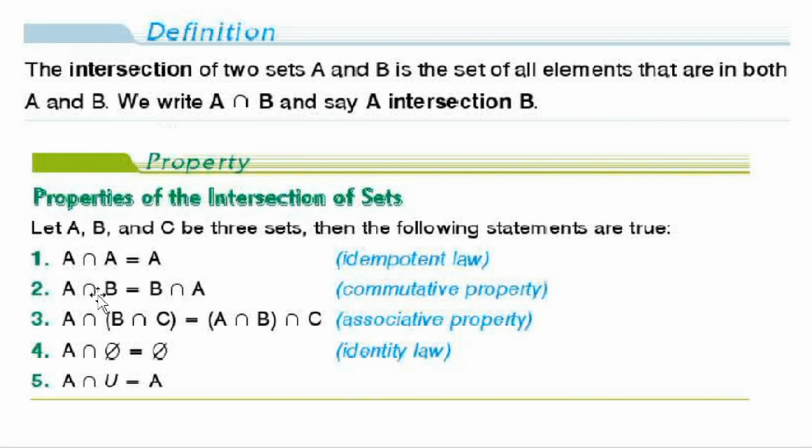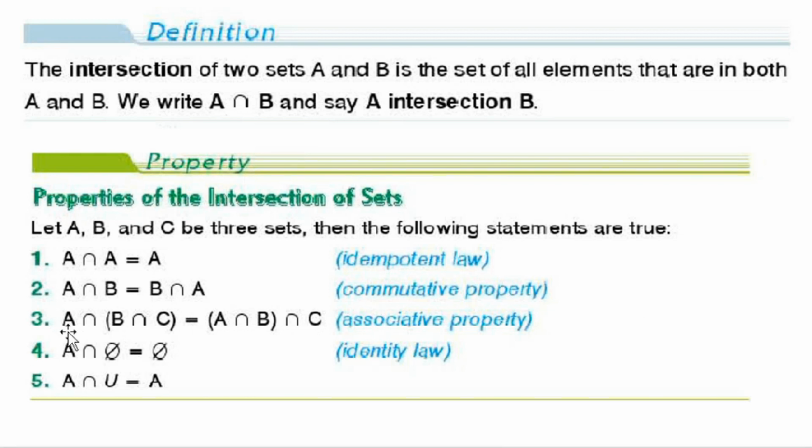These are the following properties of the intersection of sets. Let A, B, and C be three sets, then the following statements are true. Number one, A intersection A equals A, that is from the idempotent law. Number two, A intersection B equals B intersection A, that is from the commutative property.